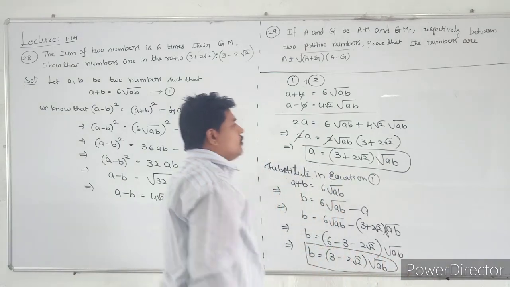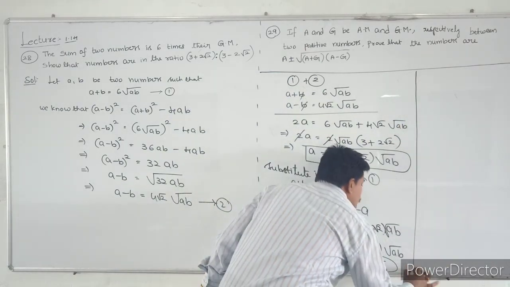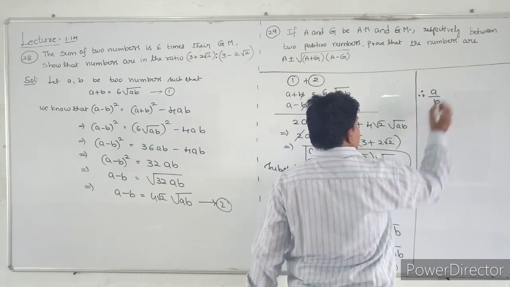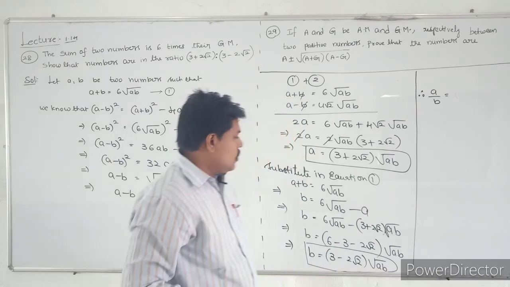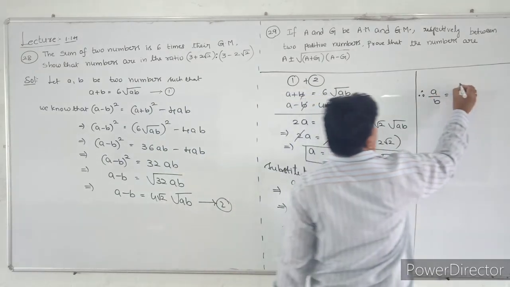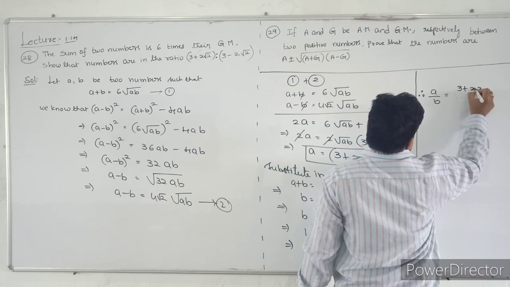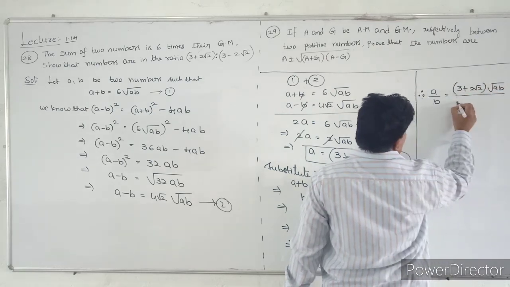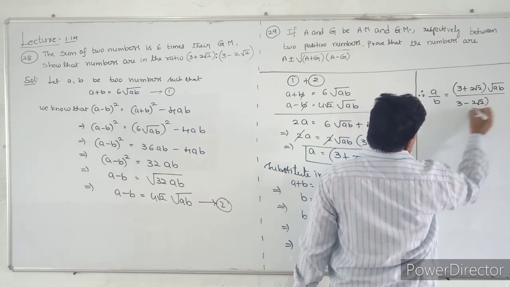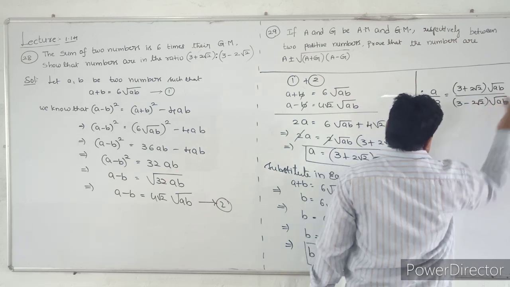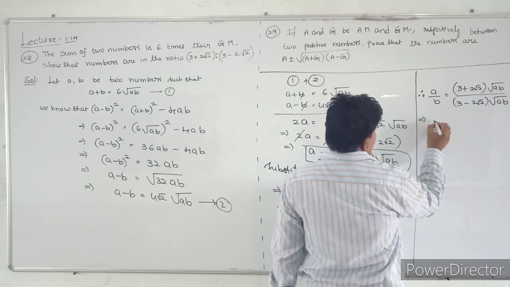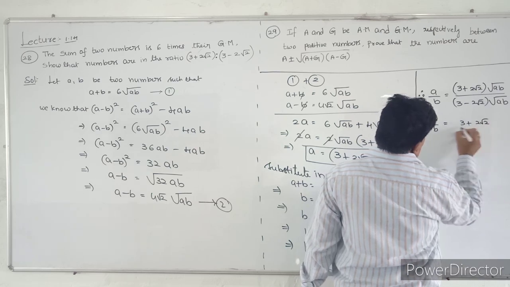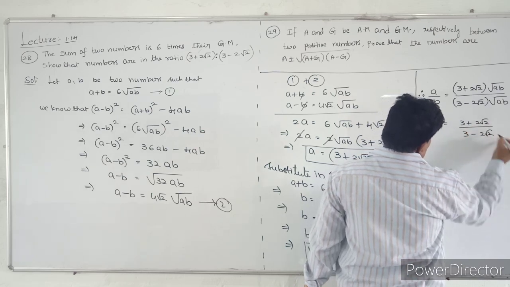After getting the b value, what is the question? a by b is equal to, they are asking the ratio of these two numbers. So the first number is nothing but 3 plus 2 root 2 into square root of ab, by the b value, which is 3 minus 2 root 2 into square root of ab. So that implies a by b is equal to 3 plus 2 root 2 by 3 minus 2 root 2.